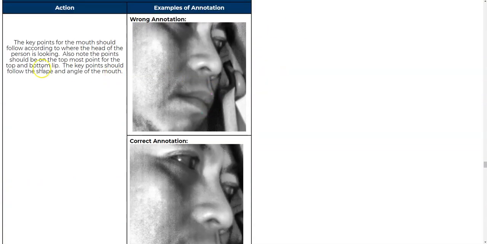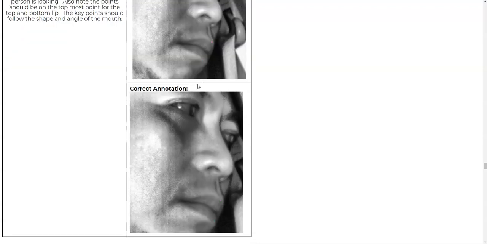So make your best estimation and make the annotation. Okay, so this is the image of a wrong annotation. The key point for the mouth should follow according to where the head of the person is looking. Also note the points should be on the topmost point for the top and bottom lip. The key point should follow the shape and angle of the mouth. You can see in the picture, the person's head is looking on the right hand side, so the head angle is slightly tilted to the right.